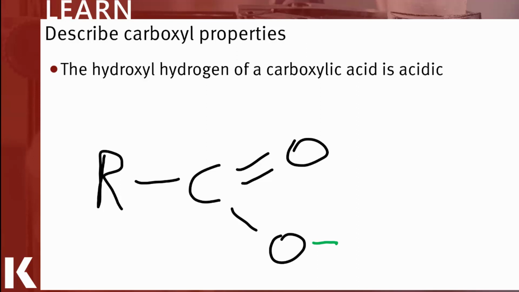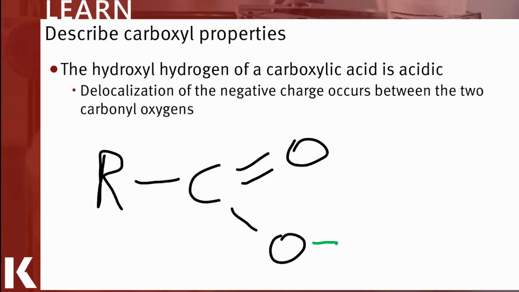In the carboxylic acid group, there is a way for the group to automatically handle that negative charge. The highly electronegative oxygen atoms, one of which is already in a double bond situation with the carbon atom, can engage in a resonance structure. That is, that negative charge will become delocalized.